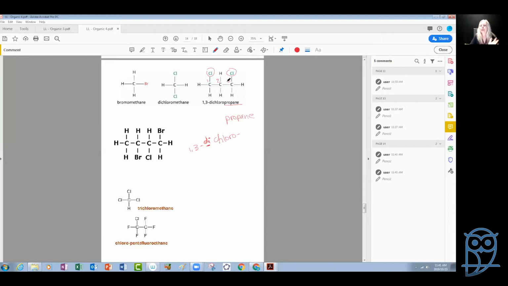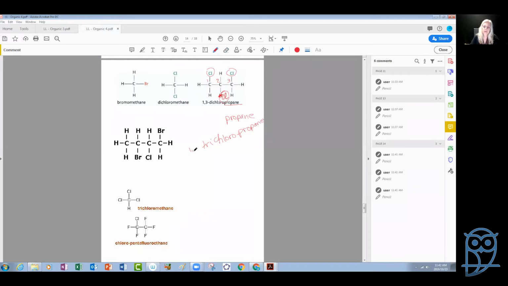And if we had a third chlorine somewhere, say here we had, instead of hydrogen, another chlorine atom. Instead of di, because we have now 1, 2, 3 chlorines, we should have tri. Tri stands for 3. So this would be trichloropropane.